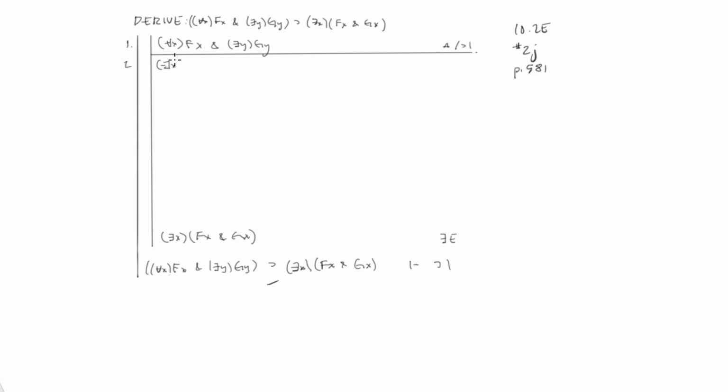There's a y, gy is the right-hand conjunct on line 1. So we get that by conjunction elimination on line 1. That gives us input for existential elimination, but we need to set up a subderivation.